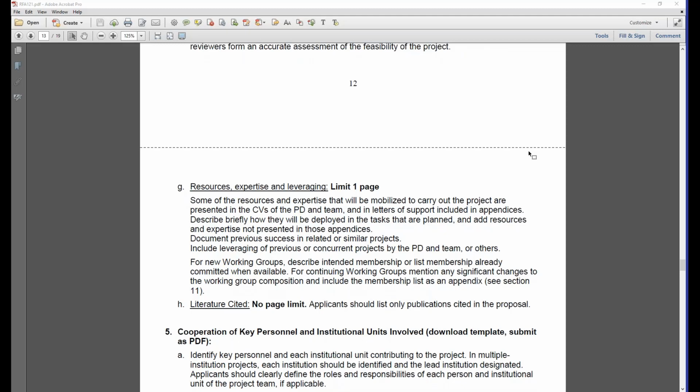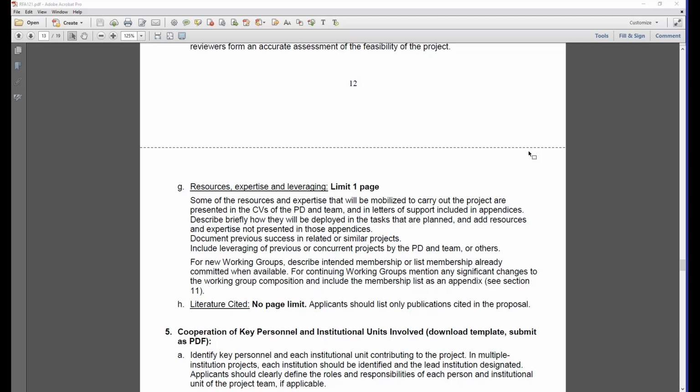Right. So all of that really should be evident from the CVs and the letters of support. So this is all you're going to bring besides just the funds that would be available from this grant. Everything you're going to bring to bear to accomplish what you say you intend to accomplish.